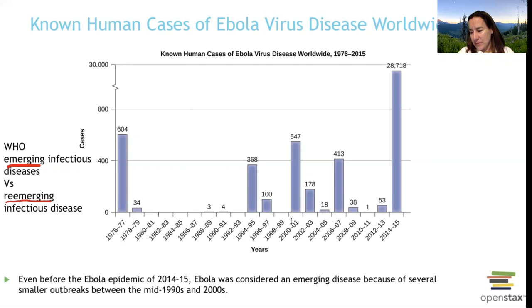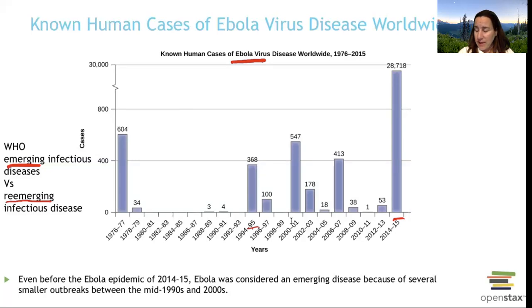At the time this textbook was written, Ebola was pretty big headline news, and so it was pretty much an emerging disease. I mean, it had showed up way back in the day, but then it came back. We heard a whole lot more about it in the 90s, and then especially around 2015-ish is when it made another outbreak. I want to say this textbook came out maybe 2016 or 2017.